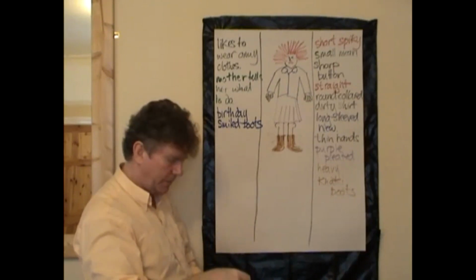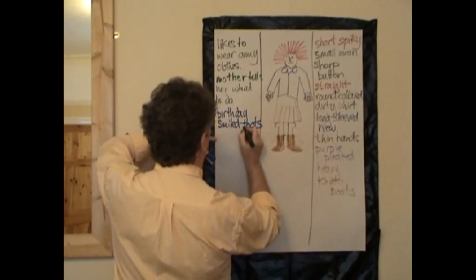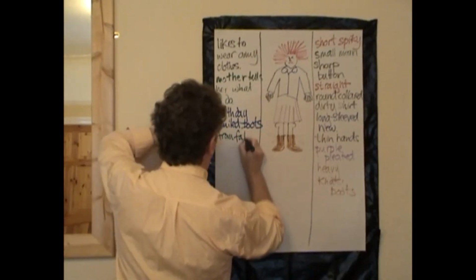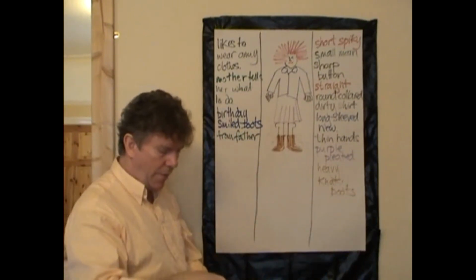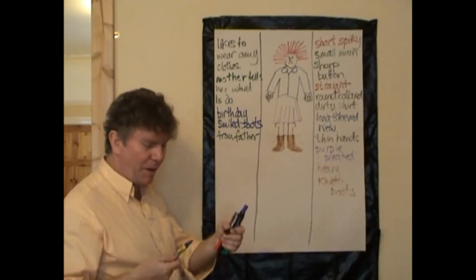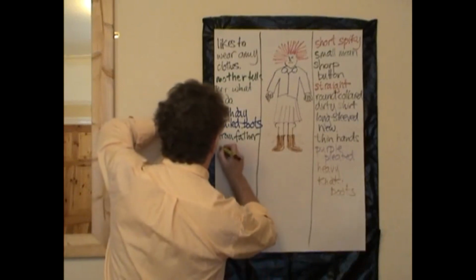Who gave her the boots? Her father. Okay, smiled, boots from father. What does a father do? Well, the obvious one would be, and you can direct children, make no bones about it, a father is in the army.